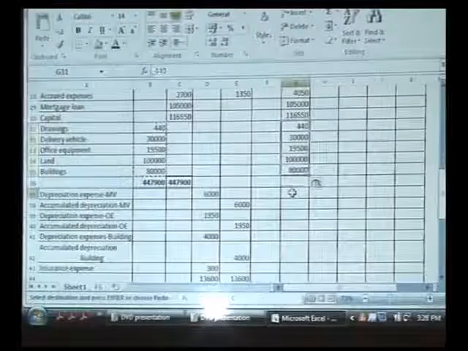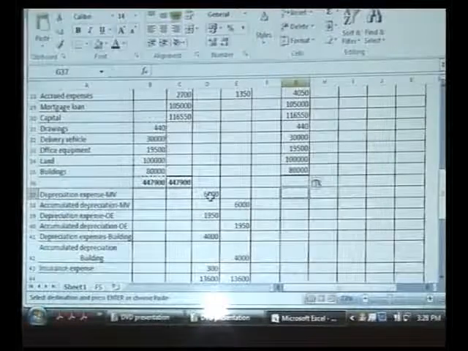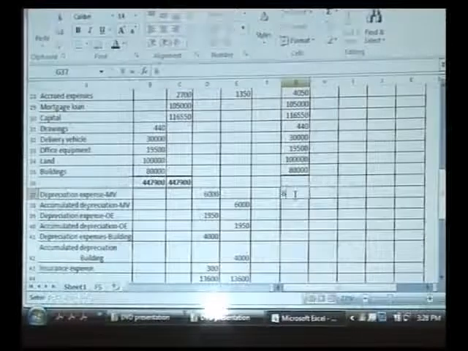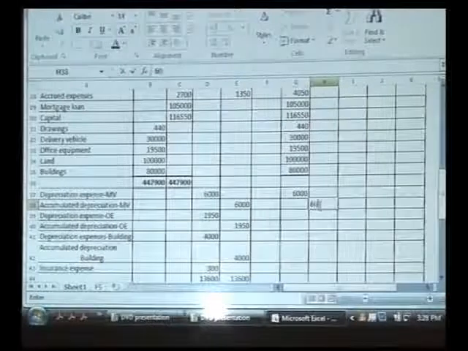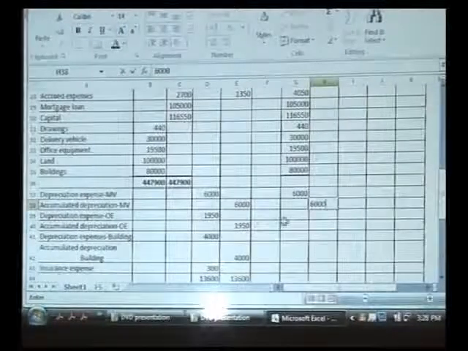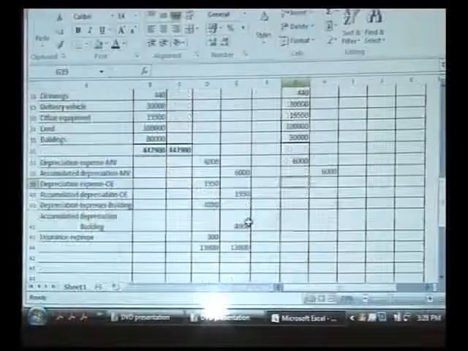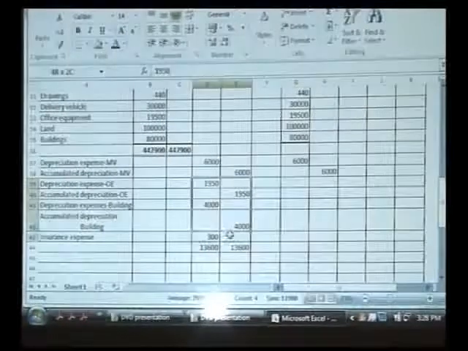Then these are new items. Depreciation expense, debit. Credit. Debit, credit, same amounts.